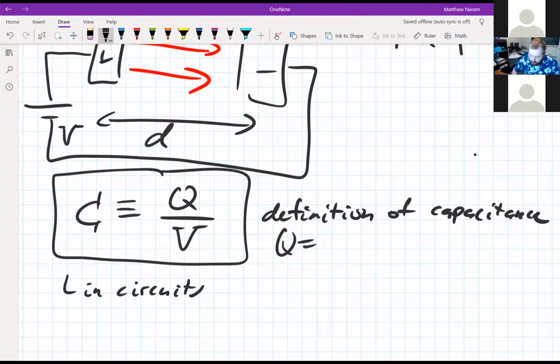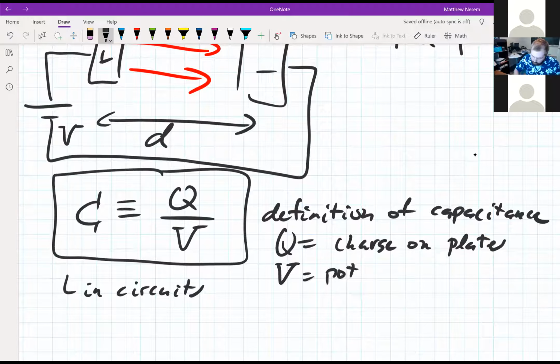Q is the charge on plates, and V is the potential across them.